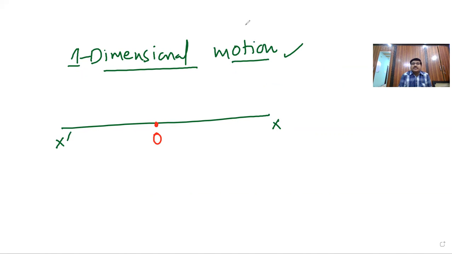Let us say an object has moved from the reference point O to P. Let us say the OP distance is 50 kilometers.